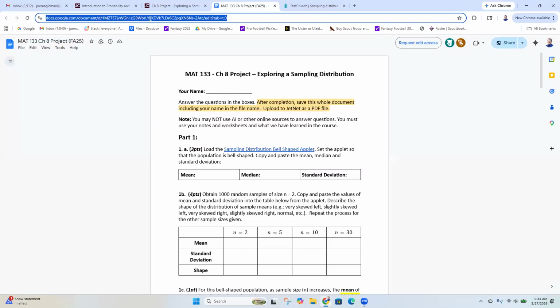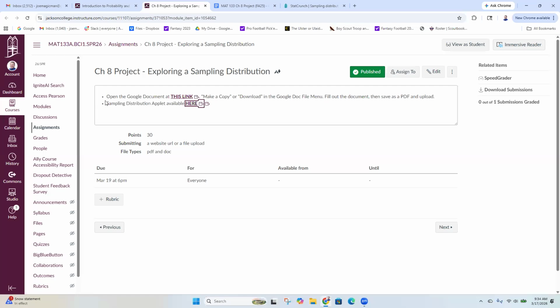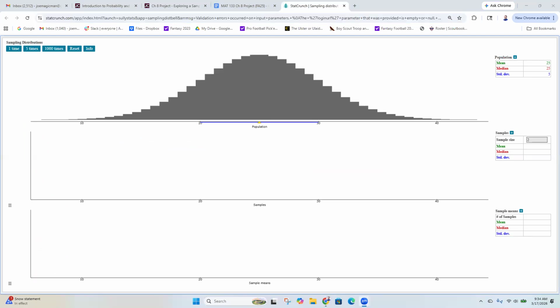I will drop that in the chat for you. The other is a link to StatCrunch. It is a sampling distribution applet. I will drop that link in the chat as well. I don't think you need to sign into StatCrunch to use this one, so you can just go to town on it.